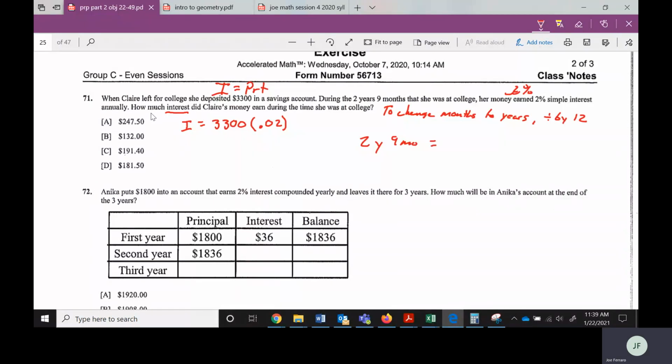Okay, so that's going to be 2 and 9 divided by 12 years. So we have 9 months, there's 12 months in a year. Then to change it to a decimal, you just take top divided by bottom. 9 divided by 12 is 0.75. So we have 2 years. 9 months is 0.75 years. So we have 2.75 years. So that's what goes in for T, 2.75.